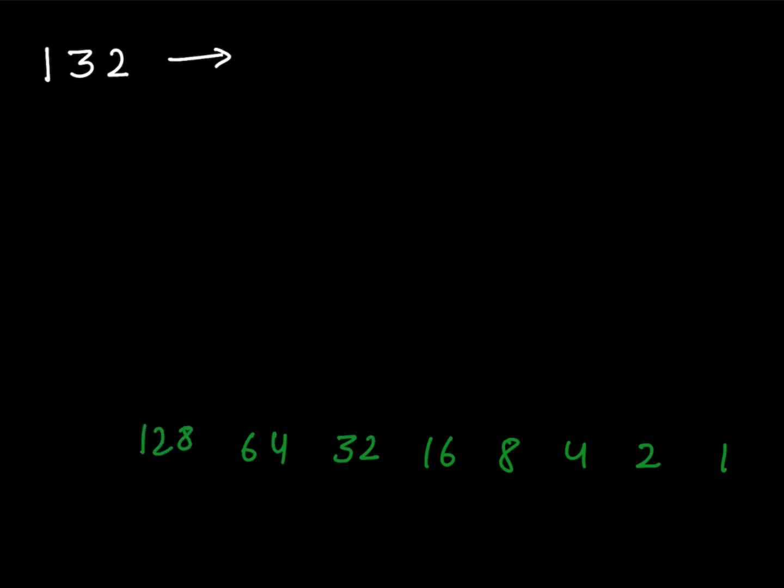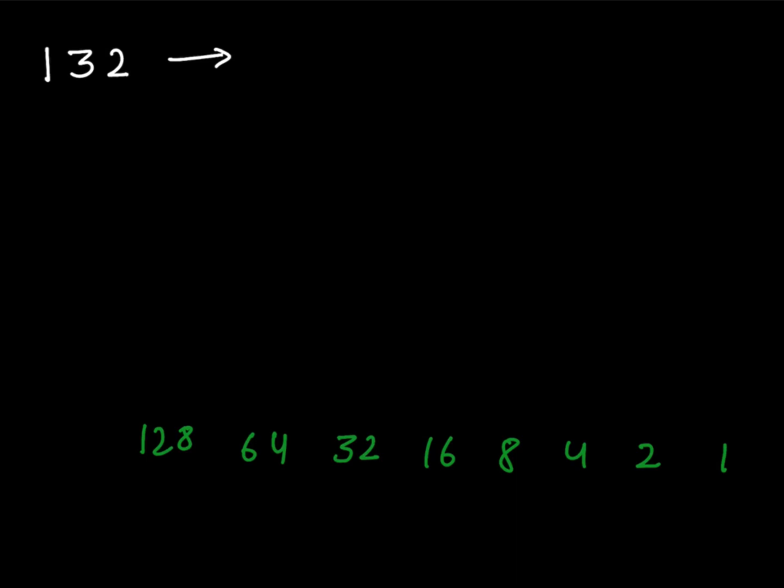Now let's look at another example. Let's say we have to convert another number, 132, into a binary number. Again we have to write the powers of 2: 2 to the power 0 is 1, 2 to the power 1 is 2, 2 to the second power is 4, third power is 8, fourth power is 16, fifth power is 32, sixth power is 64, seventh power is 128.